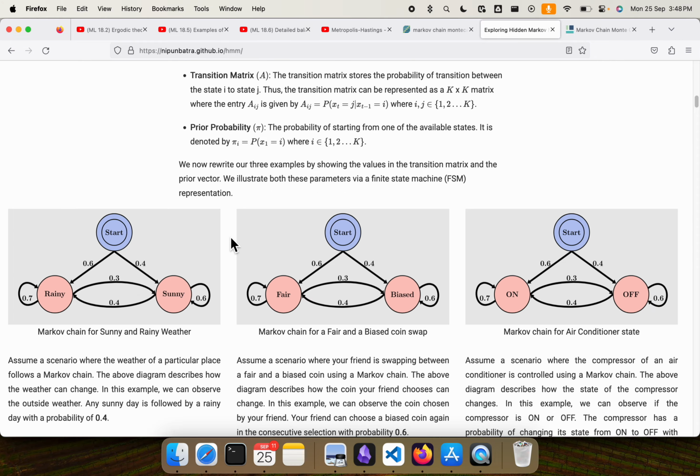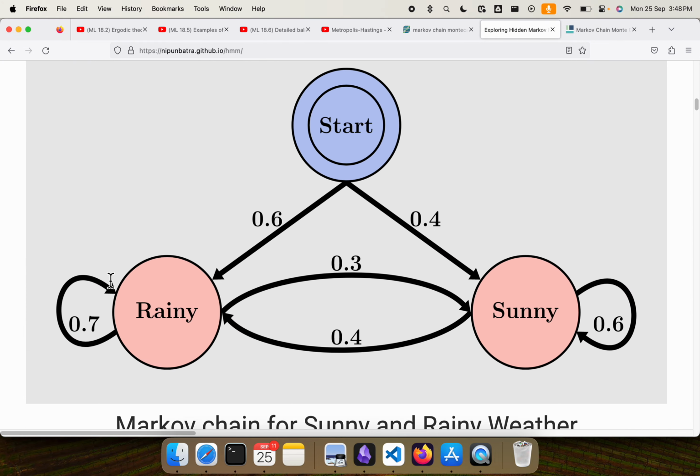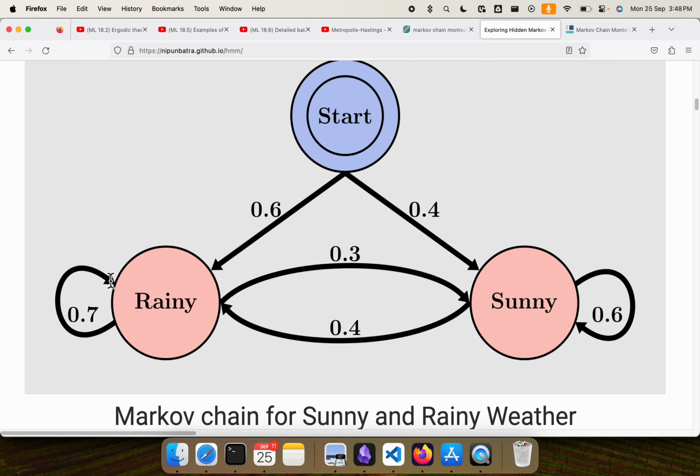So let's look at this particular example. What we're saying is that if you start from time t equal to 0, there's a 60% chance the first day it will be rainy and a 40% chance that the first day would be sunny, right?